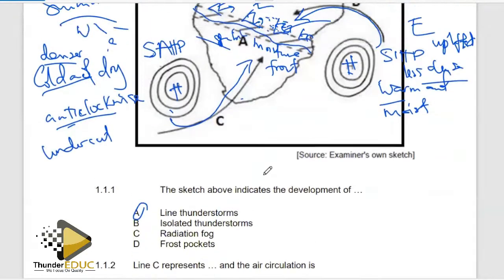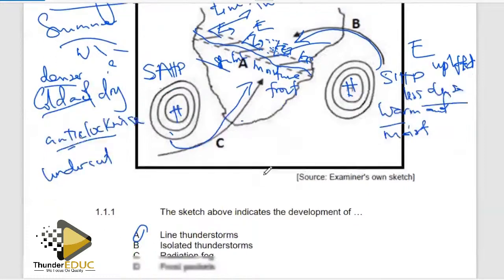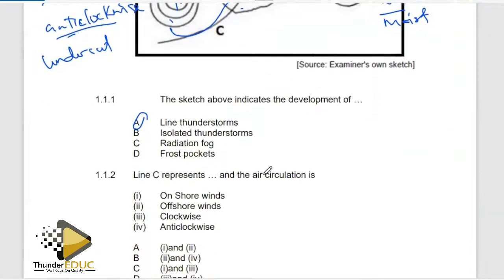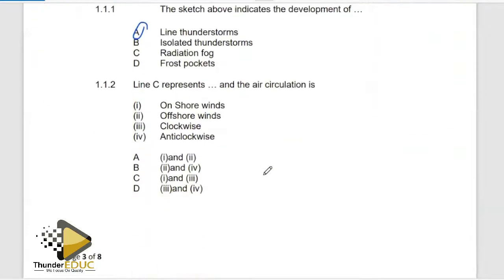They are coming from the ocean going into the interior. And we are also seeing that there is a circulation pattern which is happening because of the subtropical anticyclonic system in the southern hemisphere. So the correct response for line C is onshore winds.